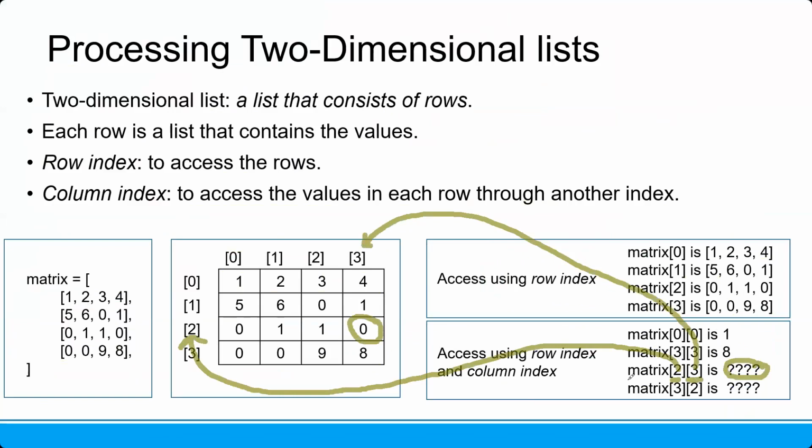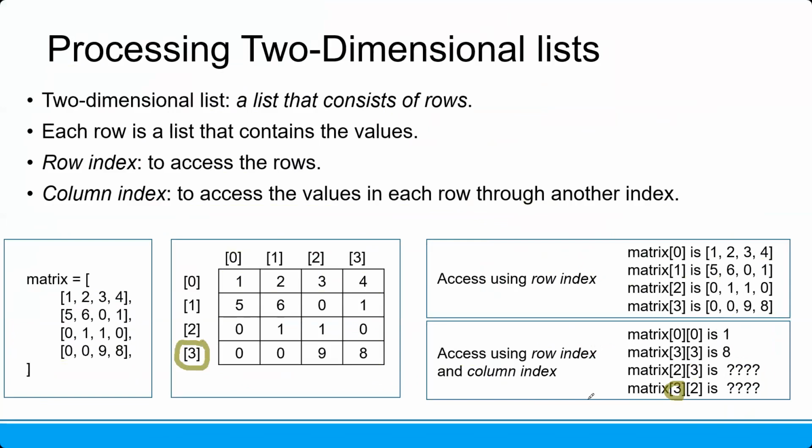What about this one? Matrix 3, 2. So this is the row index 3 and then column index 2. Then the result is 9. Okay. So the result is 0 for the first, and the result is 9 for the second.